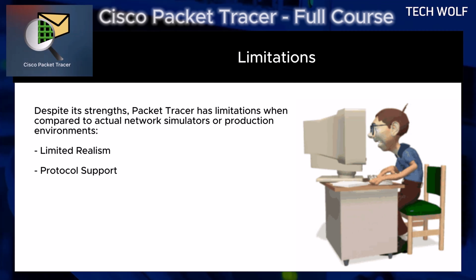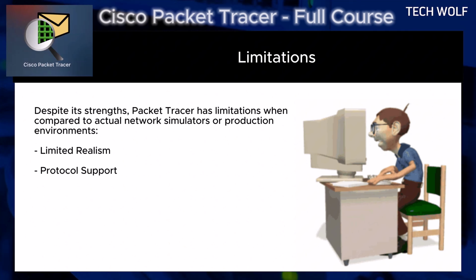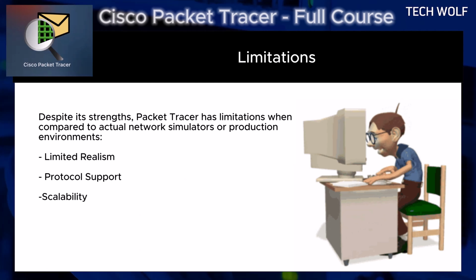While it includes major protocols, it lacks some advanced features found in other network simulation software like GNS3 or physical devices. And scalability is another limitation of Packet Tracer. For highly complex networks, Packet Tracer's resources may be too limited, making it better suited for small to medium-sized simulations.